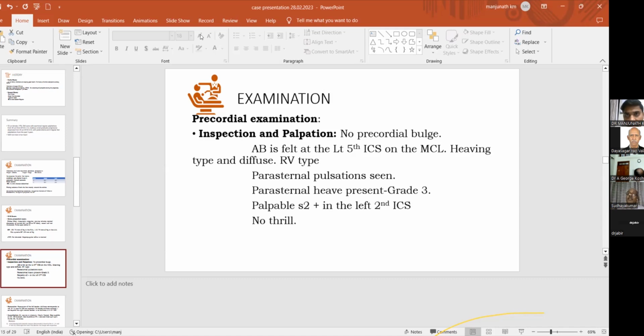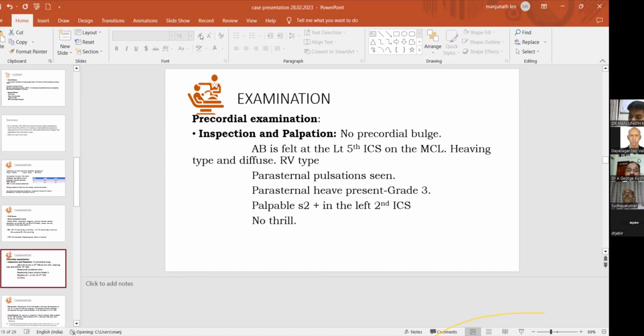Whatever lesion we have discussed, ASD, the RV should enlarge. Yes. If it is MR, the LV should enlarge. So, sir, you should check again. Second thing, I have some reservation about the heaving type of apex beat. The heaving type of apex beat, for practical purposes, we take it as LV hypertrophy. And when you say RV type, I don't think I have seen RV type of heaving apex beat.